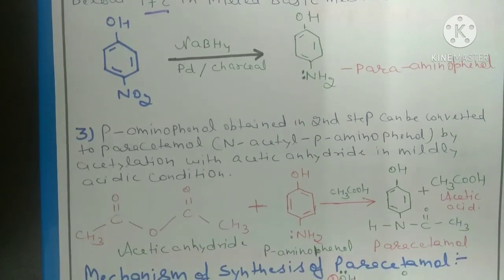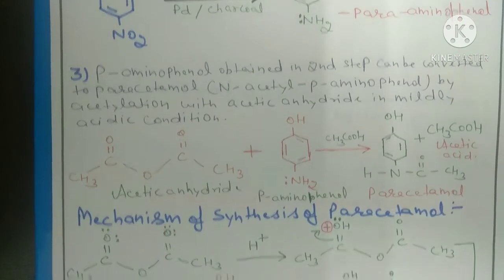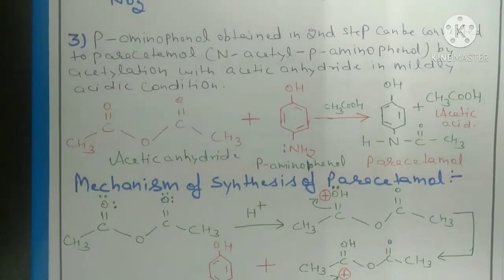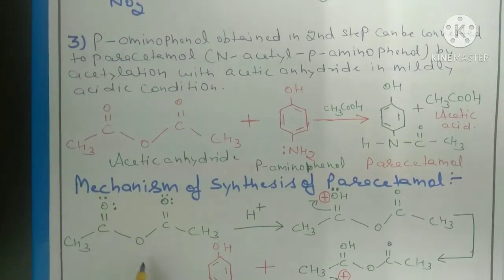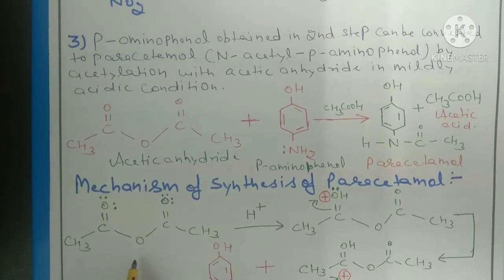Now we will discuss the mechanism of synthesis of paracetamol. So here we have this acetic anhydride. Okay, so we have to protonate it first, as we know that oxygen is the most electronegative atom.